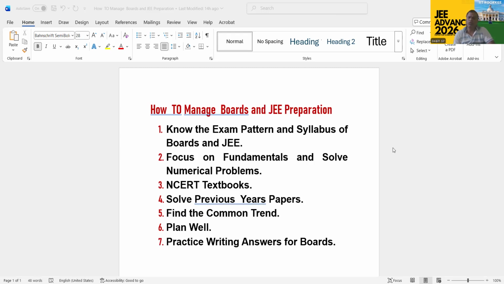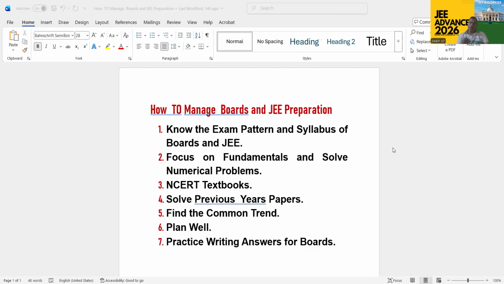So, lastly, practice writing answers for boards. Nowadays, most students are taking dummy schools. I do not prefer dummy schools, because most dummy school students are not sitting in the half yearly exam, annual exam, and also unit exam.